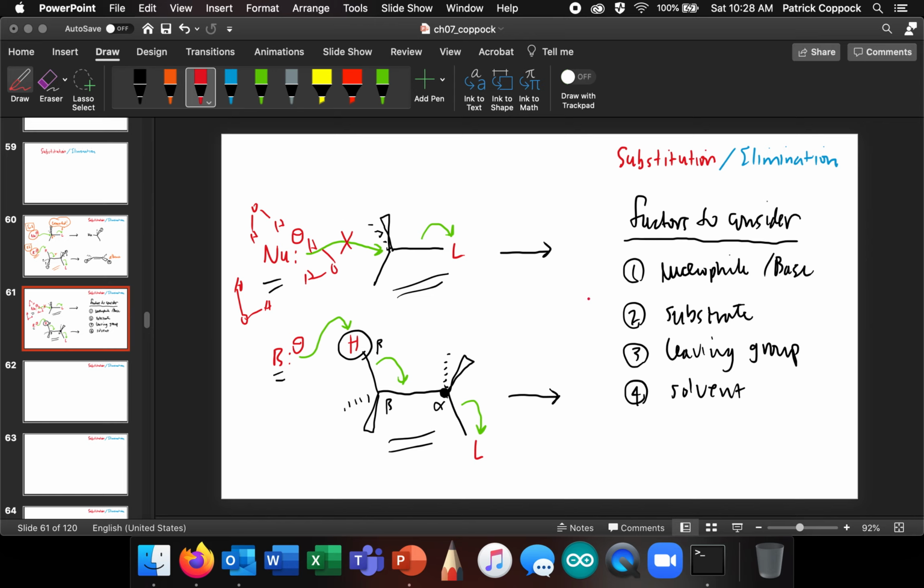It's going to require some practice. The difficult thing about the solvent is we often don't draw it. We probably will put the solvent, like H2O, under the reaction arrow to let you know it's there. But that it's there is going to be important for you to remember. So we're going to be talking about the nucleophile or base, the substrate, the leaving group, and the solvent. Those are the four categories of things that we need to consider when we're talking about substitution reactions and elimination reactions.